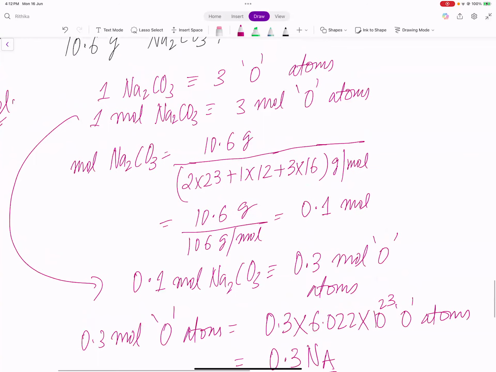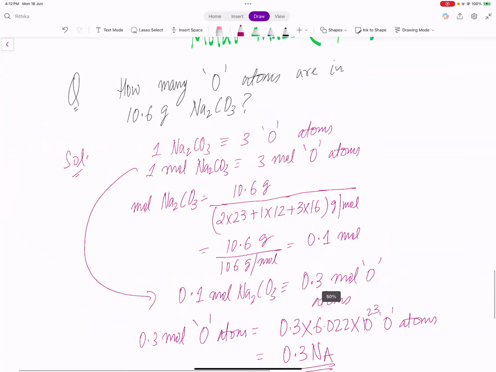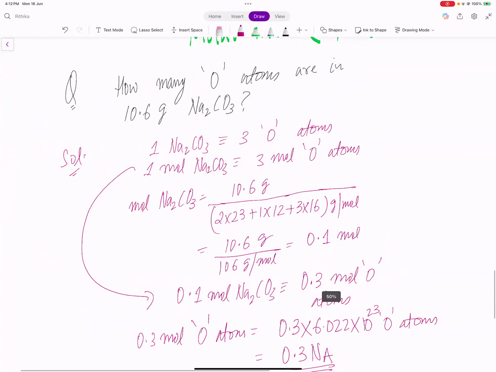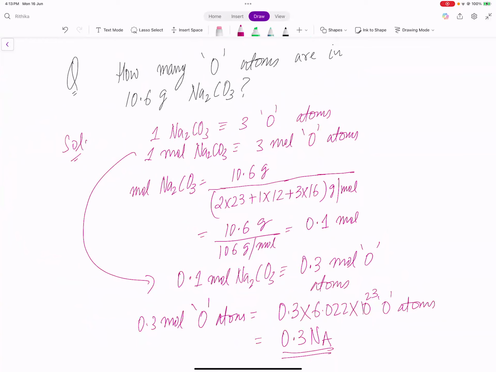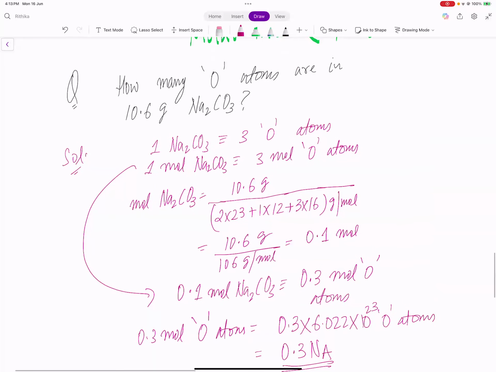See, now you have made some progress. Earlier you could not have solved this one. We are just starting with one, and then we are developing that mole thing, mole by mole by mole. Every time, Ritika, we have to think in terms of moles.